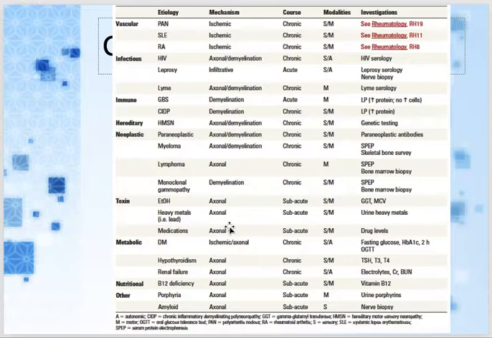Many of the things are reversible, many of them are not, of course. But I'm just telling you, because there are too many causes and too many conditions which belong to different parts of internal medicine, treating the underlying cause is one of the things.